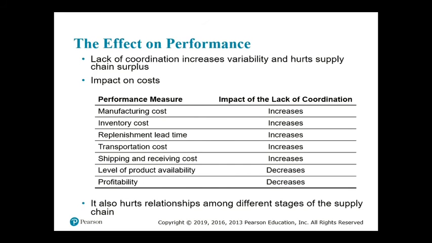So when there is a lack of coordination, we know little about each other in a supply chain, and there is a tendency, as you saw in the beer game, to blame each other for the poor performance. This can lead to a lack of trust among different stages and exacerbates the efforts to coordinate.